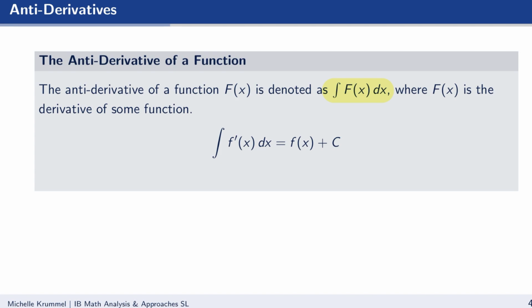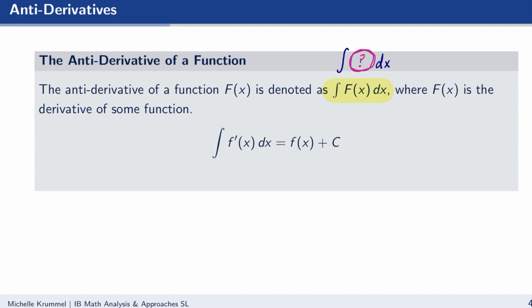So for now, we're just going to accept that that is the notation that we're using if we want to indicate the antiderivative of the function big F of x. We put this elongated S-shaped symbol in front of it, and we're putting dx at the end of it. And so whatever comes in between those two things is the thing we are taking the antiderivative of.